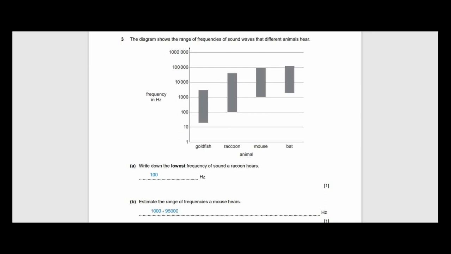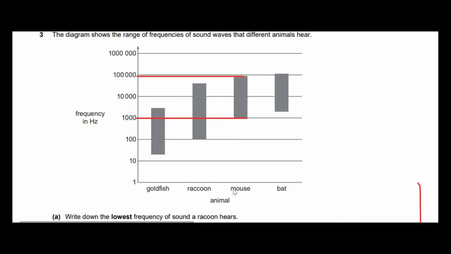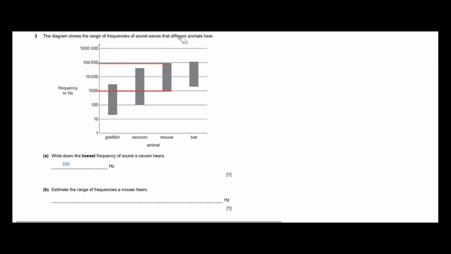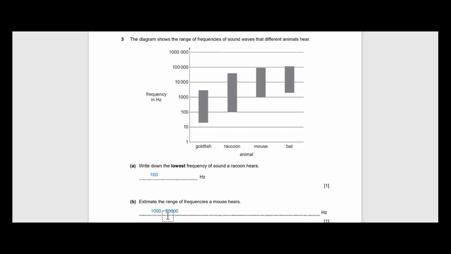How did we get that number? We draw a line from the mouse to the frequency axis and it crosses 1000, and this one is almost 100,000 but less than that, so we estimate 95,000. That's how we got 1000 to 95,000. Right, let's continue.